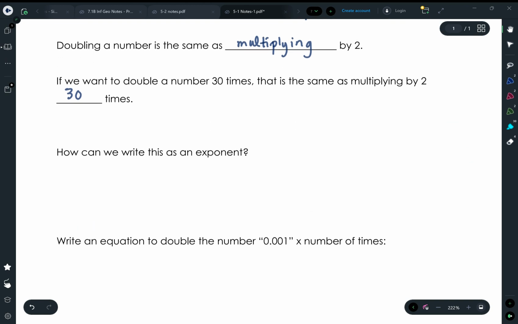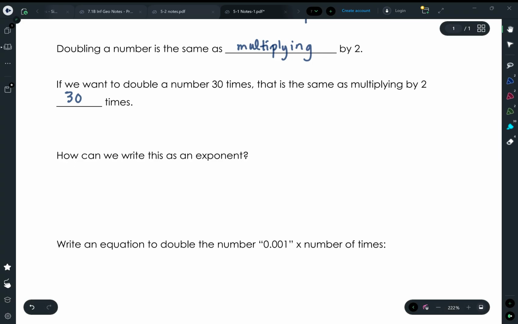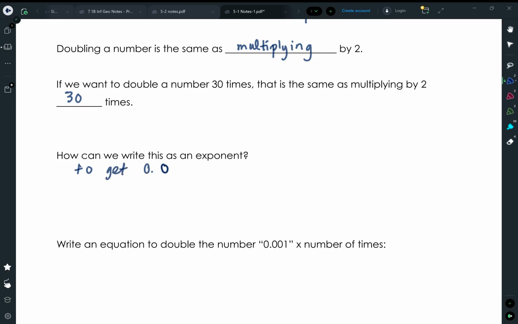How can we write this as an exponent? So I think, again, we need to probably break this down. I want to first look at, to get the 0.016, again, we had to take 0.001 and we had to double it 4 times. So times 2, that's the first time we doubled it, the second time we doubled it, the third time we doubled it, and the fourth time we doubled it.